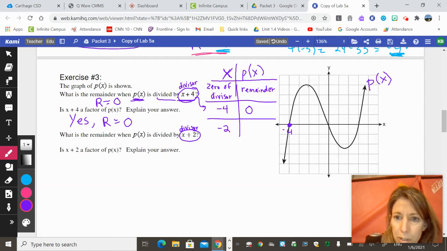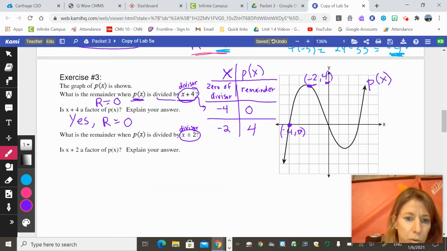Well, I have to go up to this point, and this coordinate is -2, 4. We could have labeled this other one as -4, 0. So when x is -2, when my input is -2, then the output is the remainder.